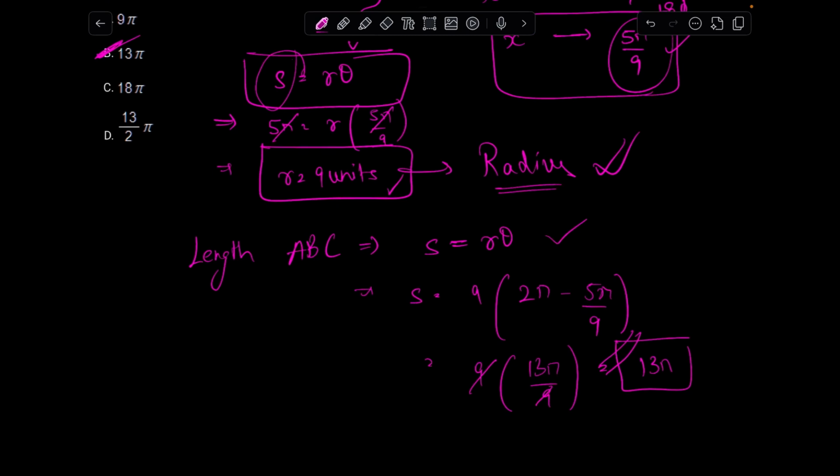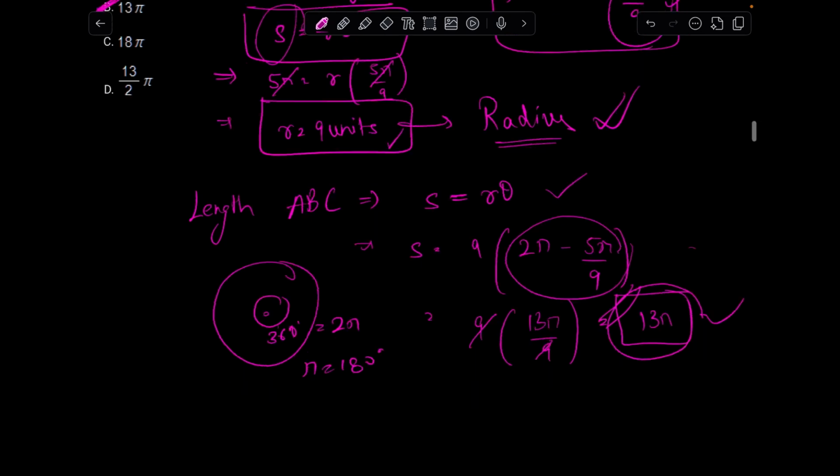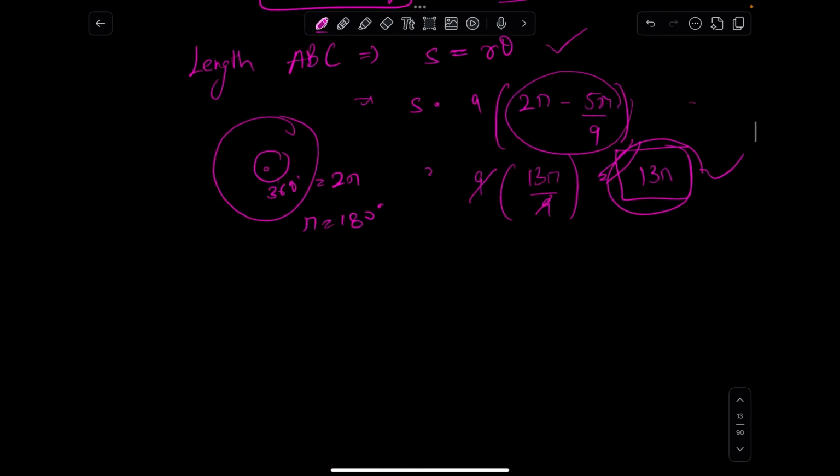Theta is now going to be 2 pi minus 5 pi by 9, since this full angle right here is 360 degrees, which is also 2 pi, since pi is 180 degrees. We input all the values, radius 9, angle 2 pi minus 5 pi by 9, and we get 13 pi, which is option B.